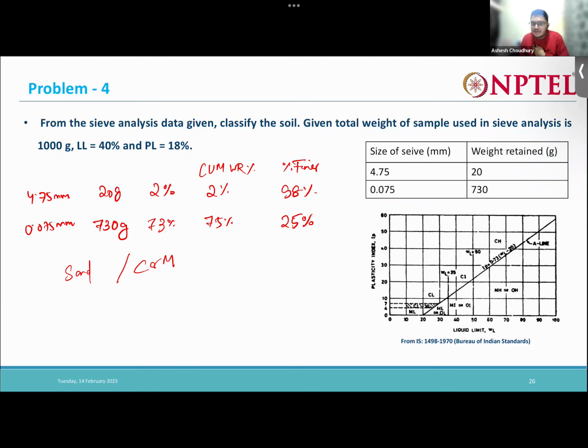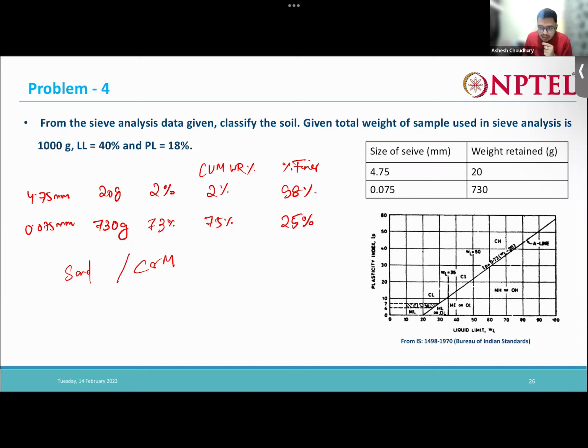The condition is that if more than 50% of the soil passes through 75 micron, then our soil is predominantly fine. Here only 25% is passing, right?